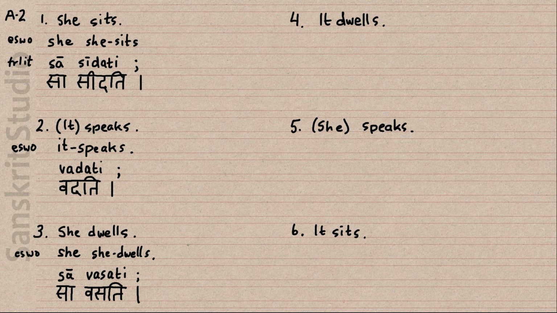Okay, so we have end of sentence there, nicely done, and also in number 1 up here. Alright, I'll do that. Okay, number 4, it dwells, and we do our SWO line first here, and we'll just go it dwells, and we know that it is tut, or we should know, even if we don't know it, but we should know it. Okay, tut vasati.